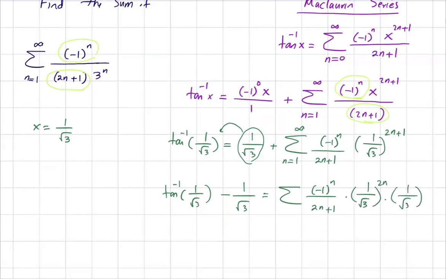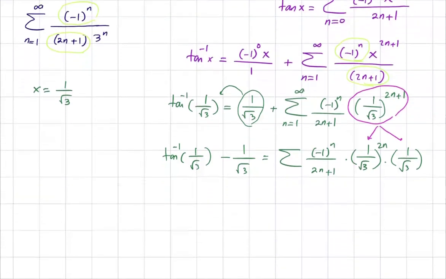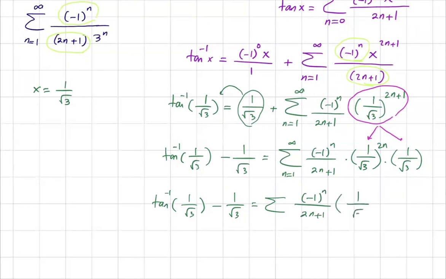I basically broke this guy down into the multiplication of two numbers. So inverse tangent of 1 over the square root of 3 minus 1 over the square root of 3 can be written as the summation of (-1)^n divided by 2n+1 times ((1 divided by the square root of 3)^2)^n times 1 over the square root of 3.